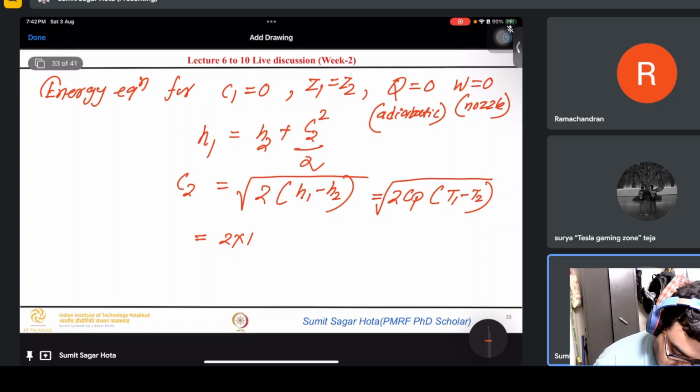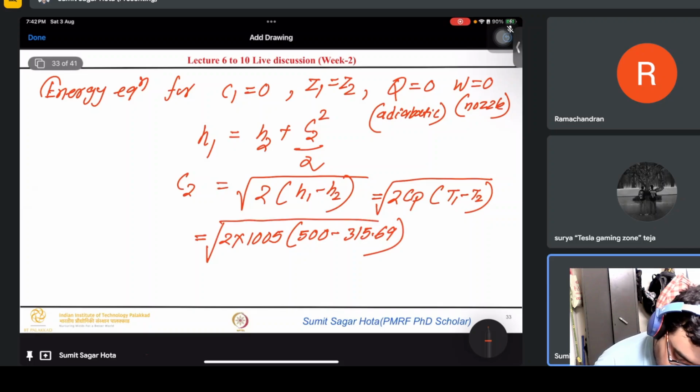So 2 into 1005 into 500 minus 315.69. Now C2 is equal to 608.65 meter per second.